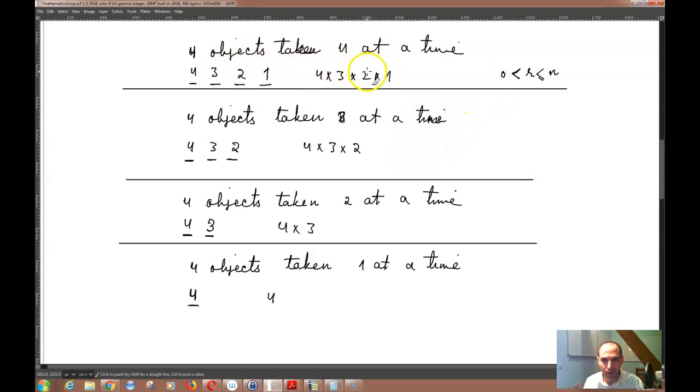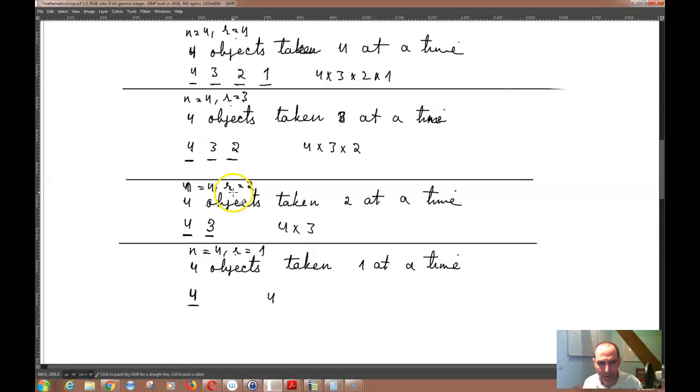And so, for example, over here your n is equal to 4 and your r is equal to 4. Over here your n is equal to 4, your r is equal to 3. Over here your n is equal to 4 and your r is equal to 2. And over here your n is equal to 4 and your r is equal to 1.